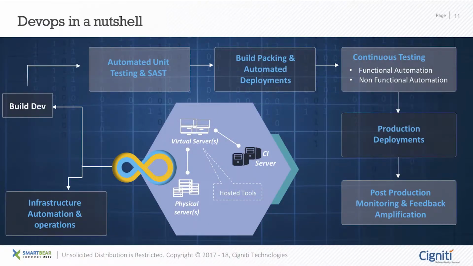So this is a pretty primary and preliminary view of DevOps in a nutshell, where you look at how you get the build development done, your automated unit testing, and static application security testing, which we discussed a couple of minutes ago, in terms of the different kinds of vulnerabilities in the code and how that has to be tracked.